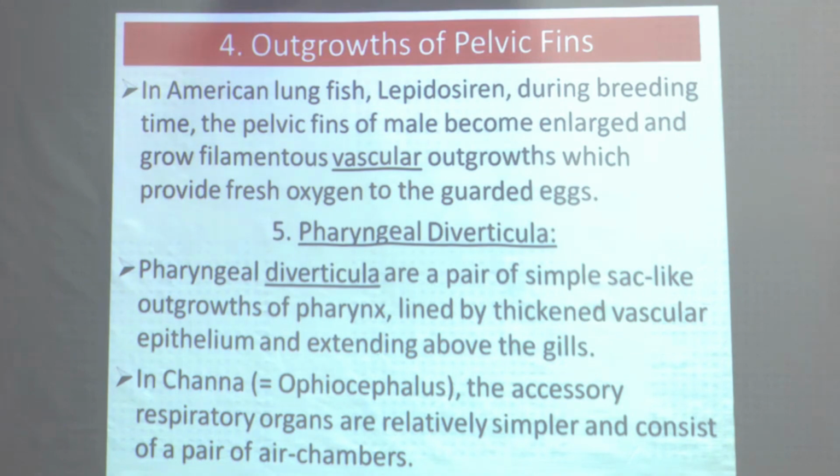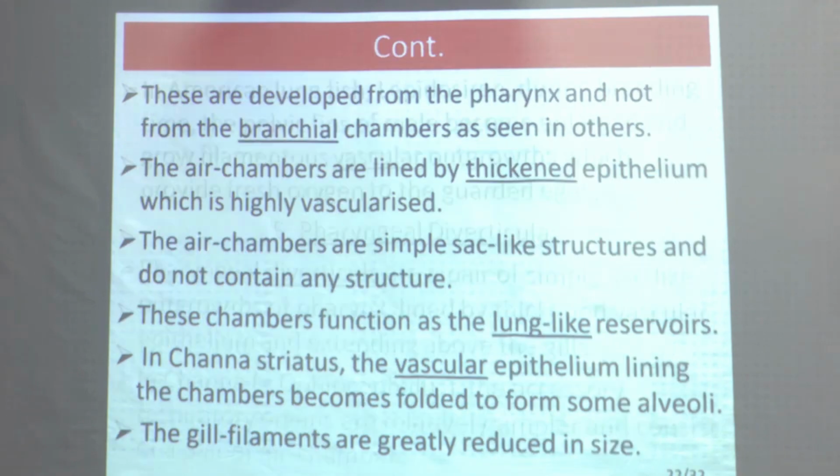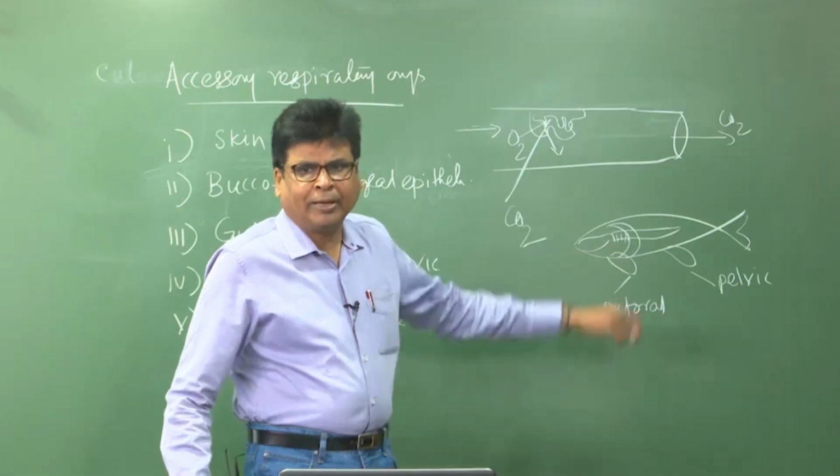For example, in the case of Channa, the accessory respiratory organs are relatively simple and consist of a pair of simple air chambers. So this is all about the pharyngeal diverticulum and how they respire.